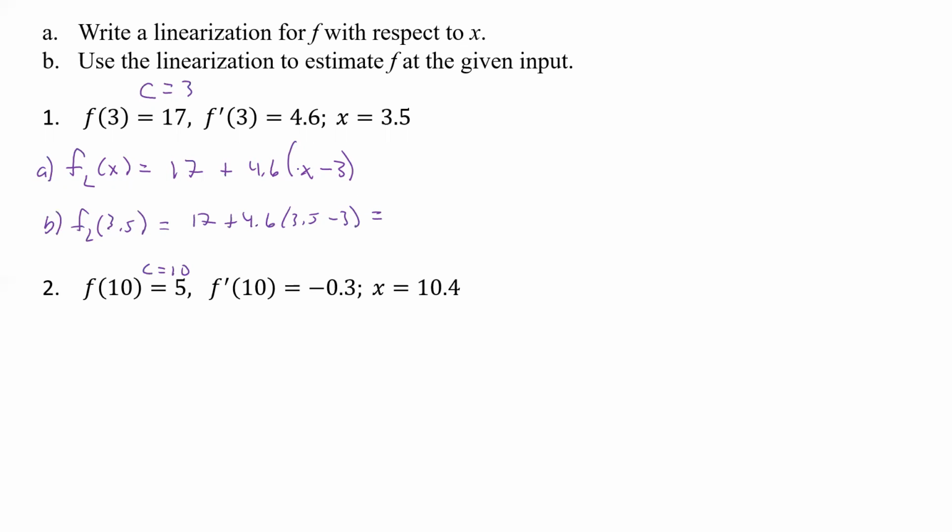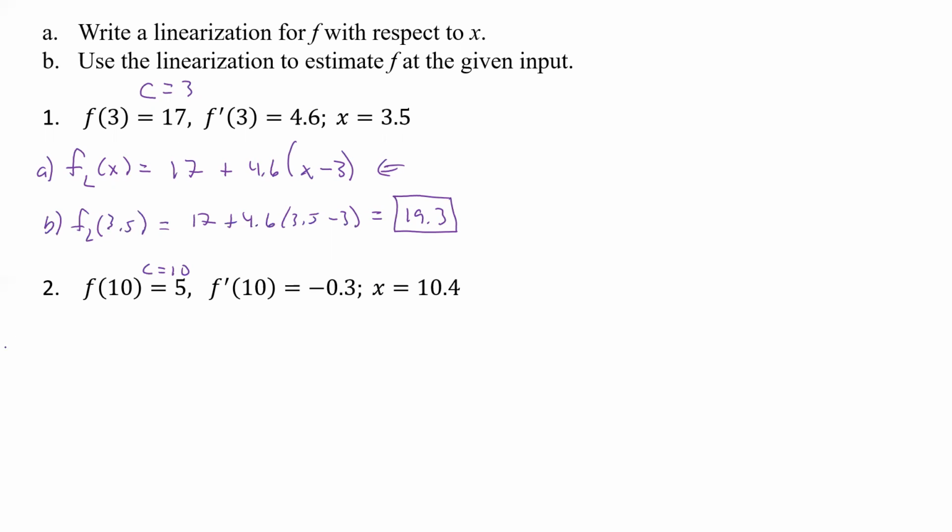And if we plug that into our calculator, 17 plus 4.6 times 0.5 is going to give me 19.3. Okay, now we don't know units or anything, so we just have a value 19.3.